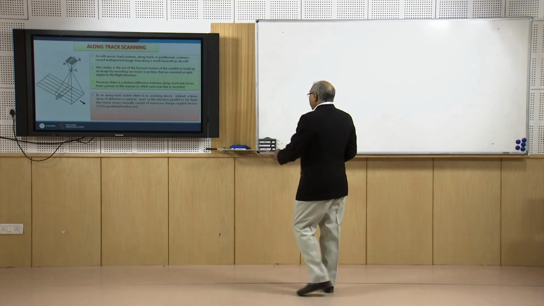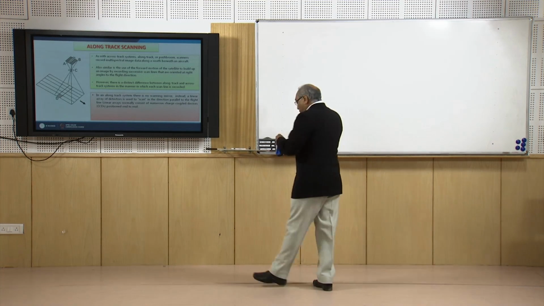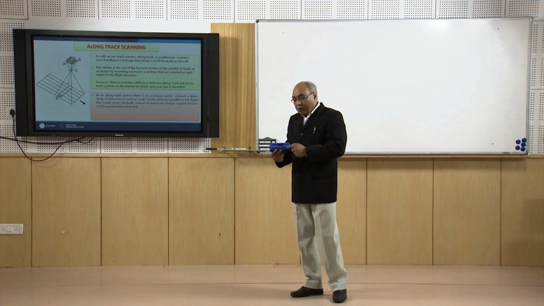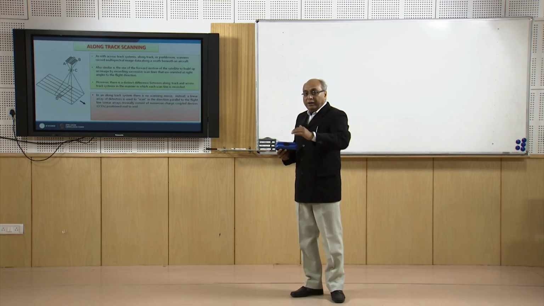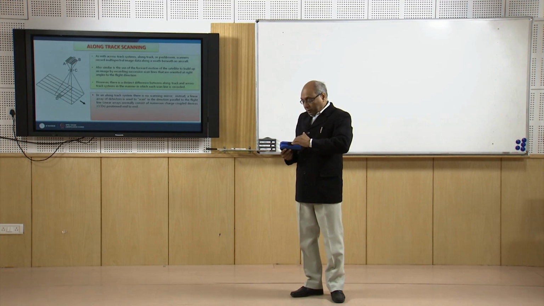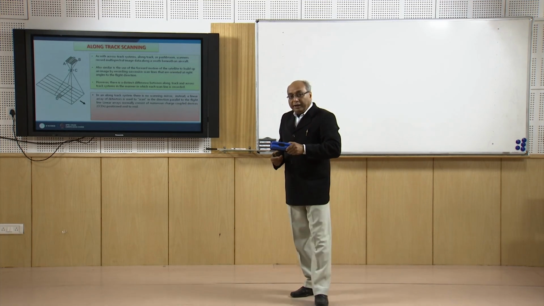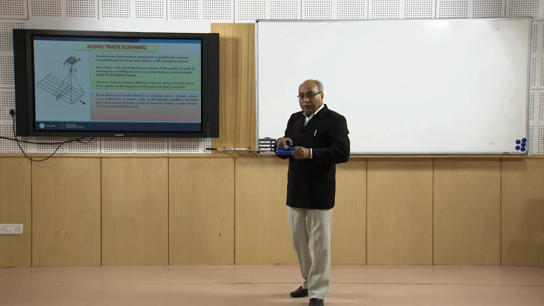If I give an example, you have CCDs all situated here, and this is the flight track or orbital track of your satellite. So it keeps moving and keeps scanning simultaneously all along the line.